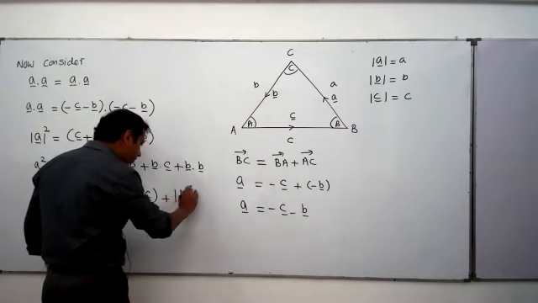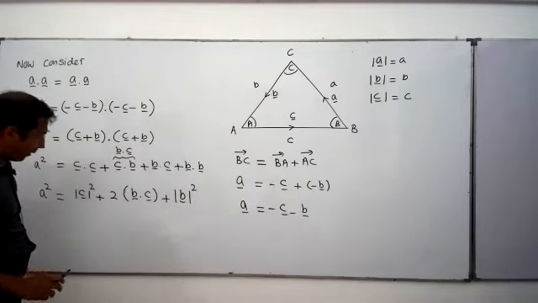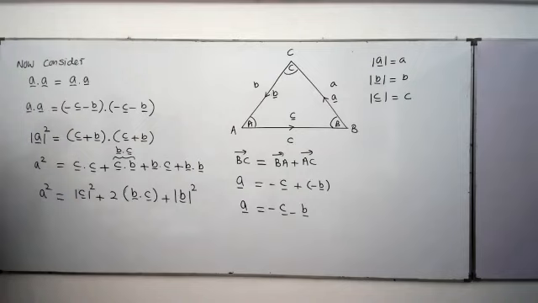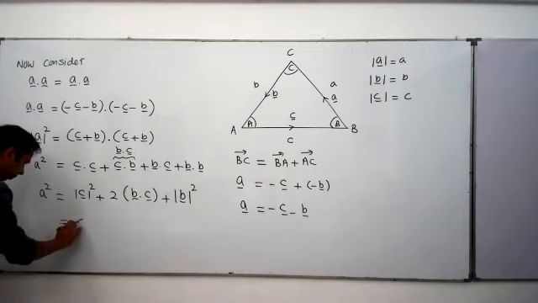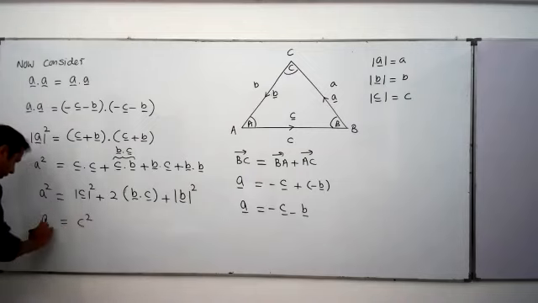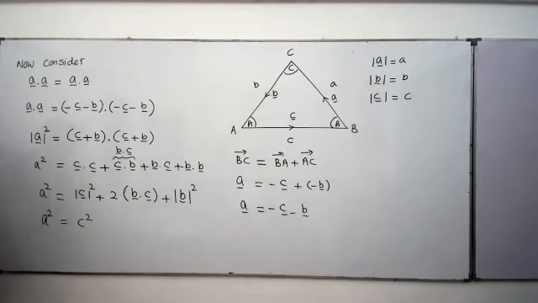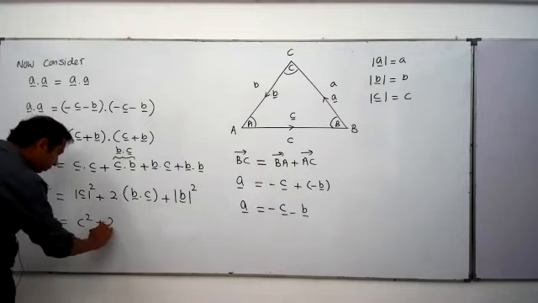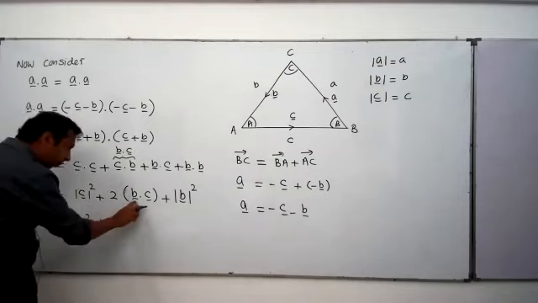Mod C is simple C, people. Then C squared here. Here A squared. 2 times B dot C.